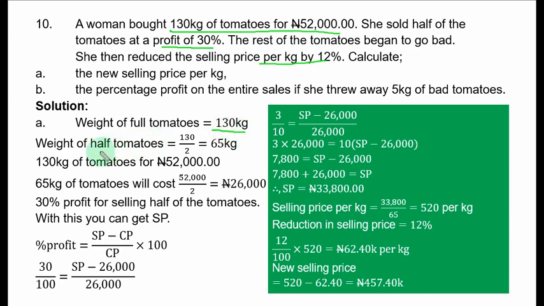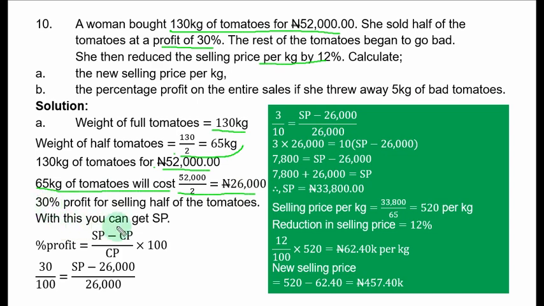Weight of half tomatoes, you divide the full weight by 2 and you have 65 kilogram. 130 kilogram, the full weight of tomatoes, costs 52,000 naira. Then half of it, that is 65 kilogram, will cost the full cost divided by 2, and you have 26,000 naira. 30% profit for selling half of the tomatoes.